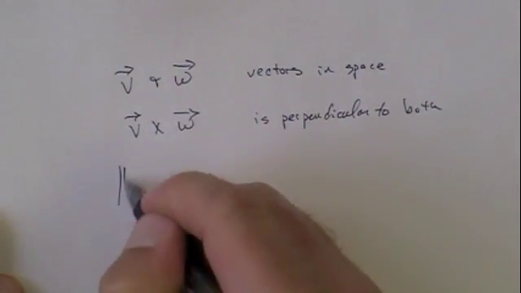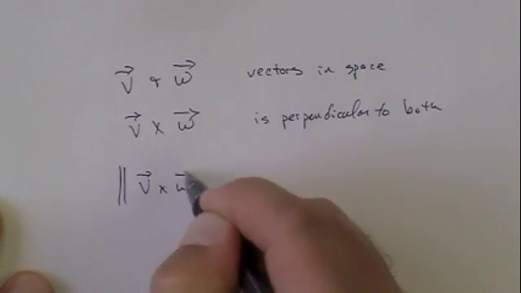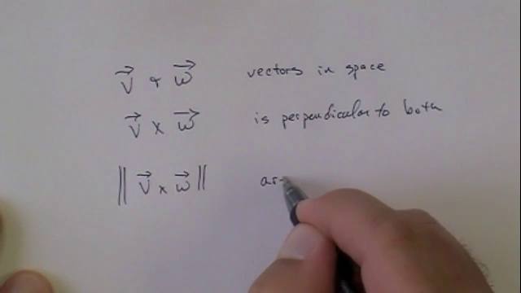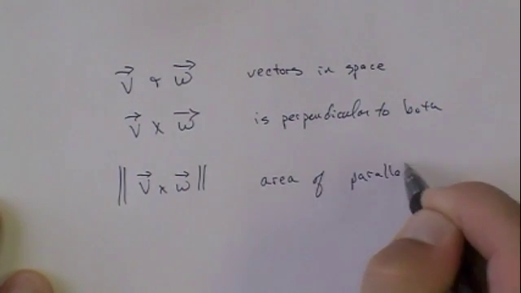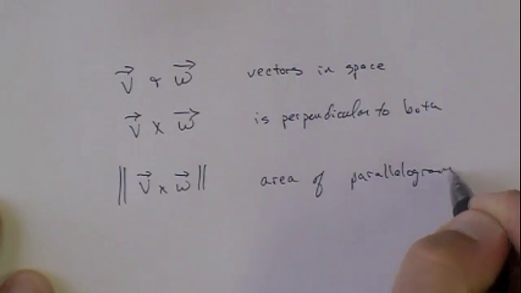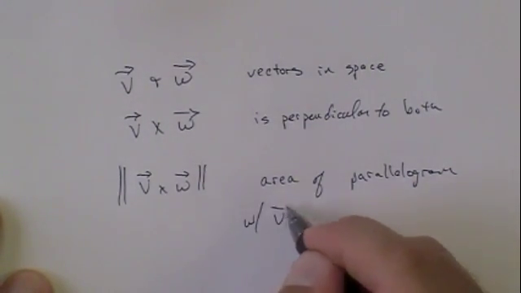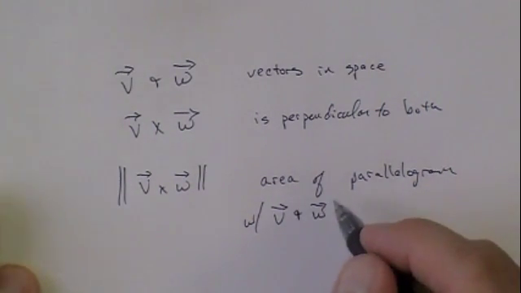Also, if we take the magnitude of the cross product, that is equal to the area of the parallelogram that is created with vector v and vector w as adjacent sides.